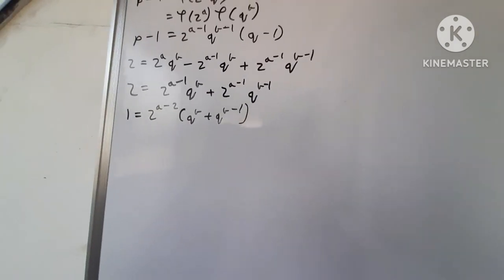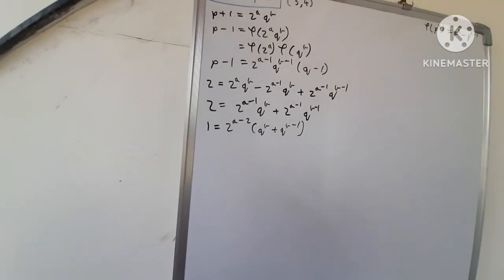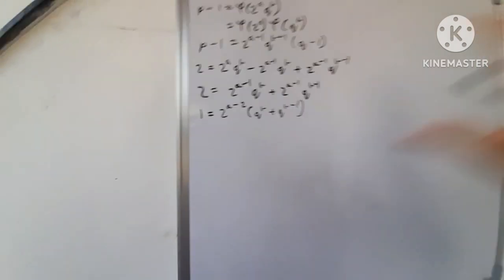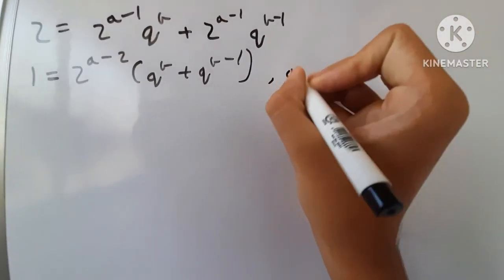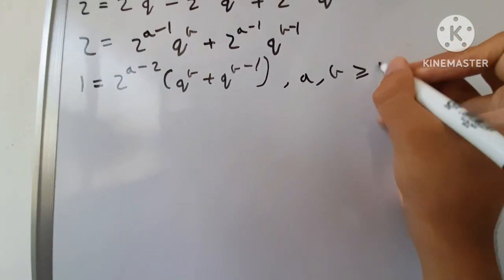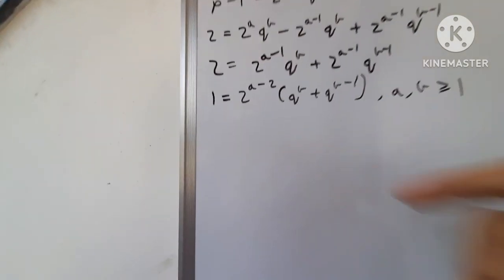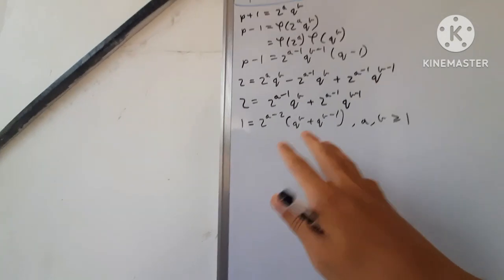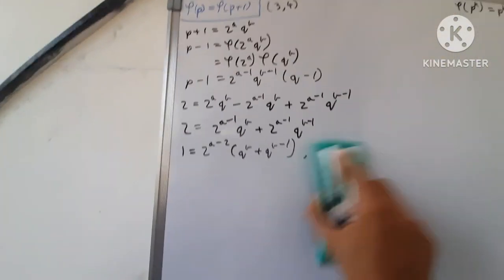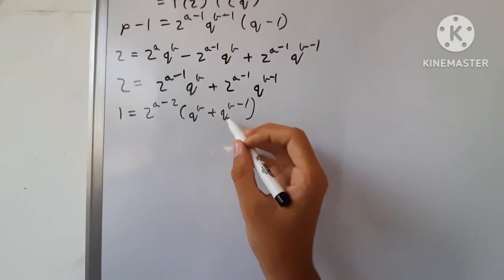At this point I think it's safe to assume we could take exponents of 2 or higher, but okay, I'm just going to assume that a and b are greater than or equal to 1. Okay, so let's form an inequality with this stuff. I'm going to erase this boundary condition. Now look at this, q to the b minus 1.